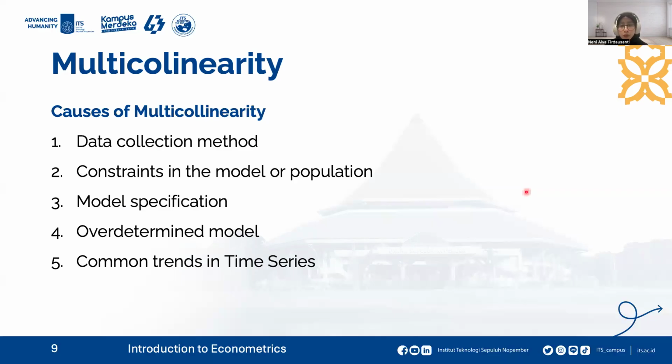The second source is constraints in the model or population. It can be a physical or logical constraint that causes correlation. Let's say one regressor is income, and another is house size.